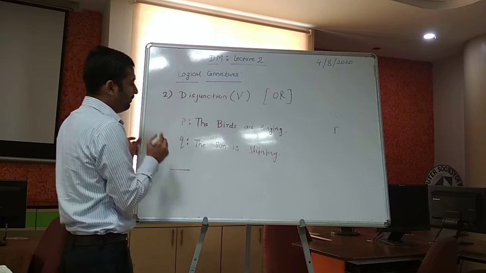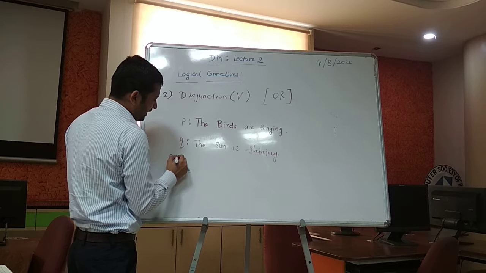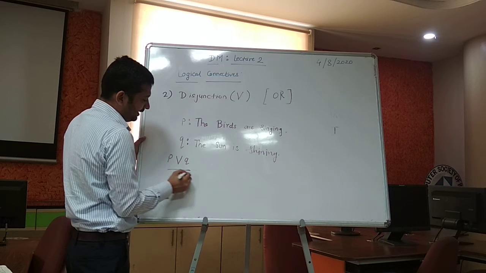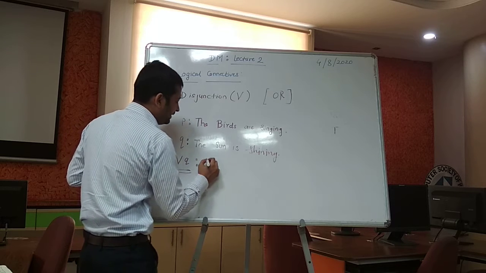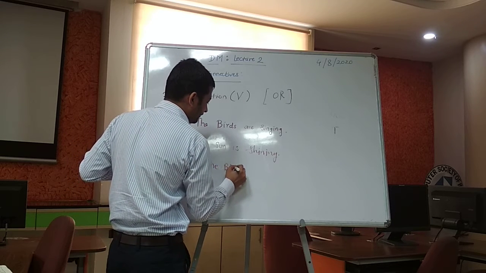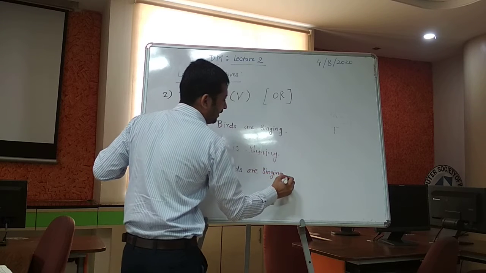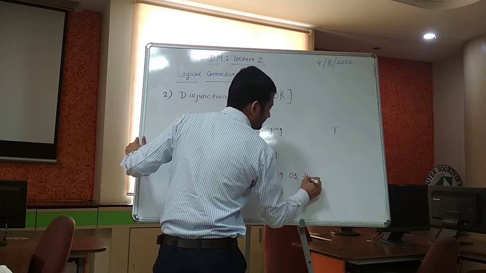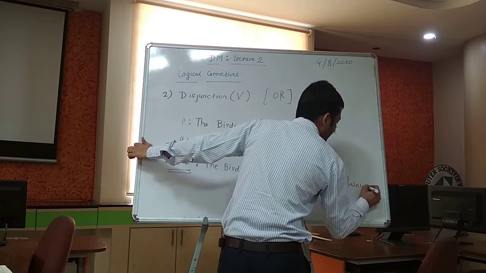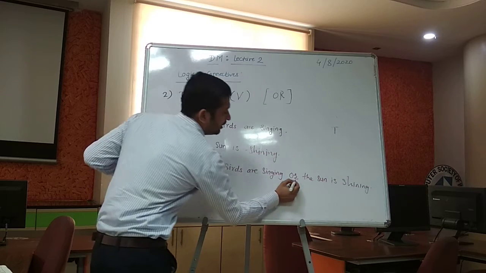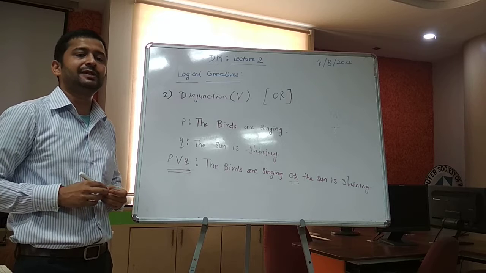So we'll write the compound statement of these two statements by using or like this: P or Q. The compound statement will be: the birds are singing or the sun is shining. Like that we used the logical connective or to connect two propositions or two statements.